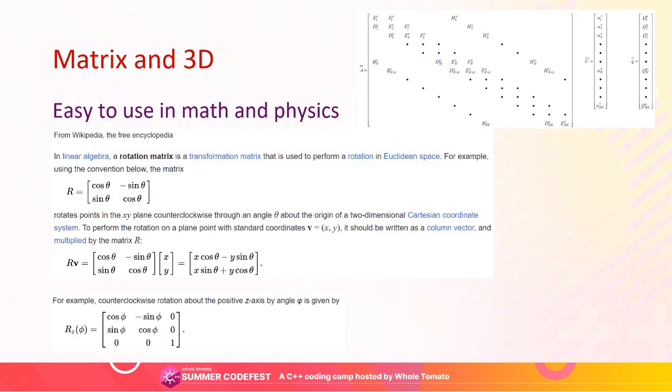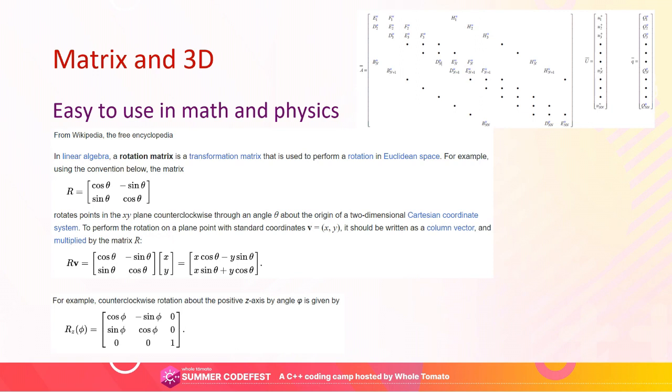Matrix forms are the most used forms in 3D programming. They are easy to use in math and physics, and in linear algebra, a rotation matrix is a transformation matrix that is used to perform a rotation in Euclidean space, and you can define these kinds of matrices too.